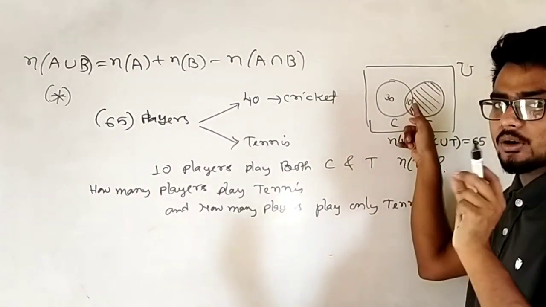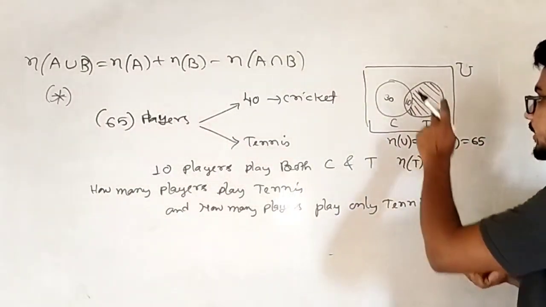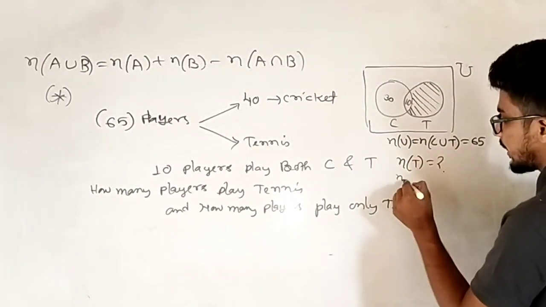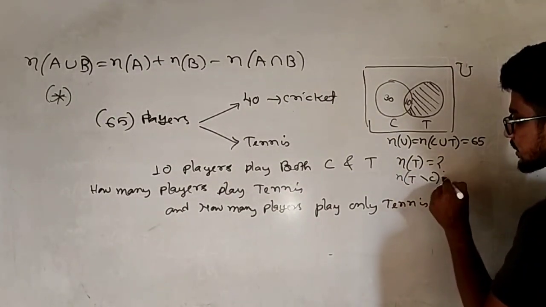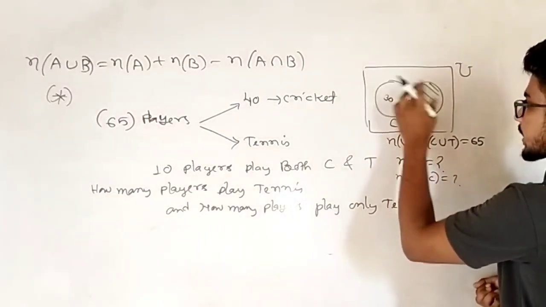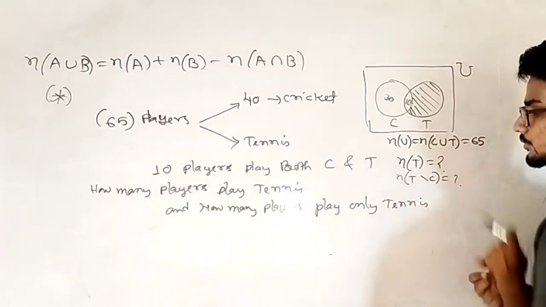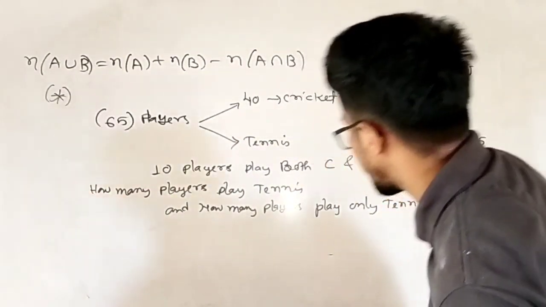But you have to find only tennis, not cricket, so how do we denote this part? This part is denoted by n(T minus C). Am I right? From T, if we remove C, we get T minus C. Okay, we have to find these two, so let's see.